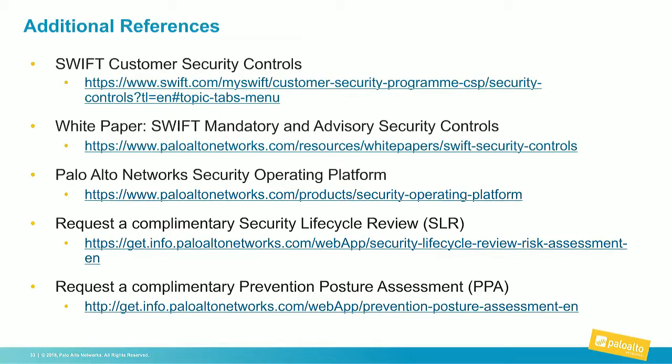Okay, here's a question. The gist of it is that there's been some speculation that insiders played a role in some of these SWIFT-related attacks. Would the SWIFT customer security controls still help? So in short, I would say the answer is yes.